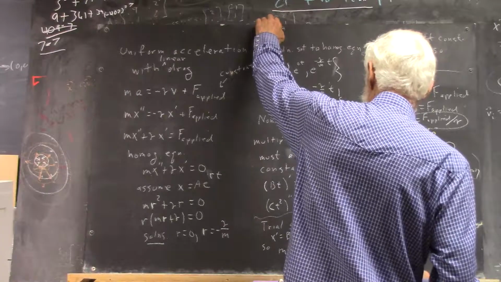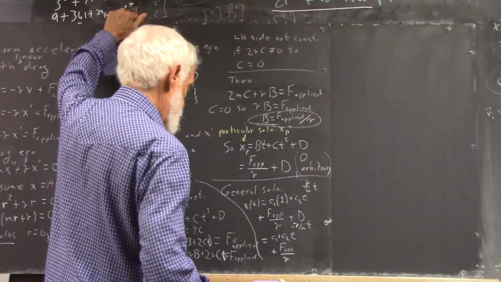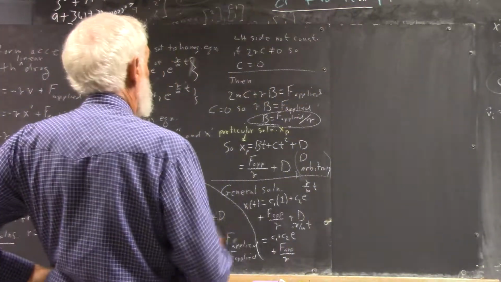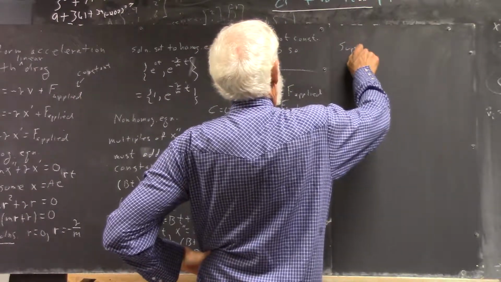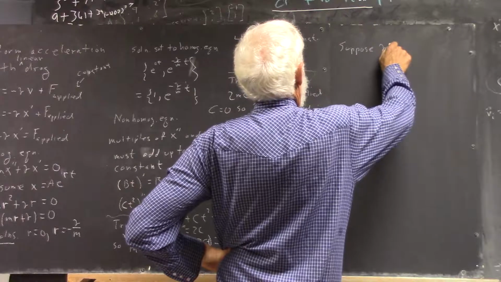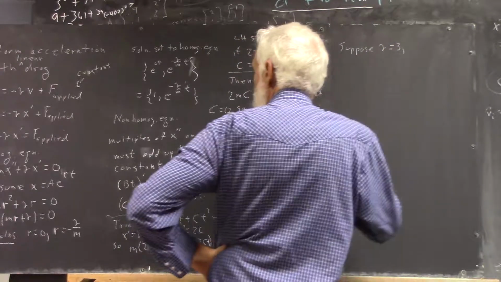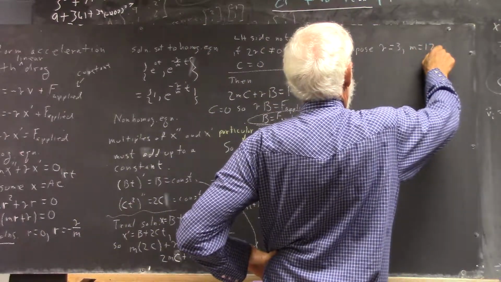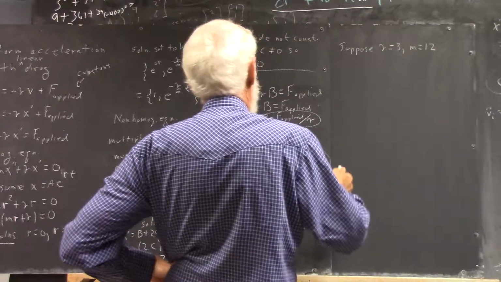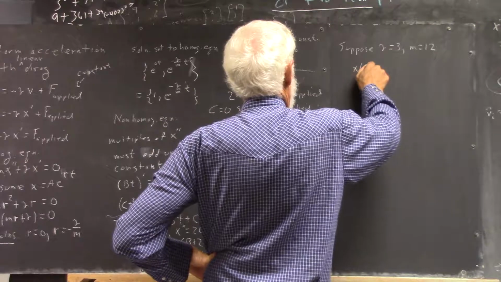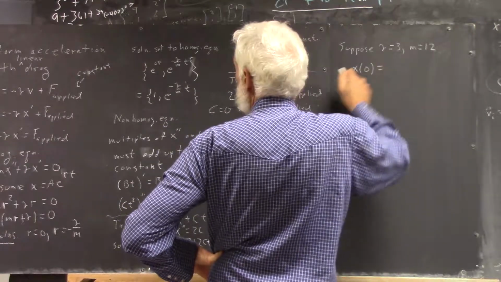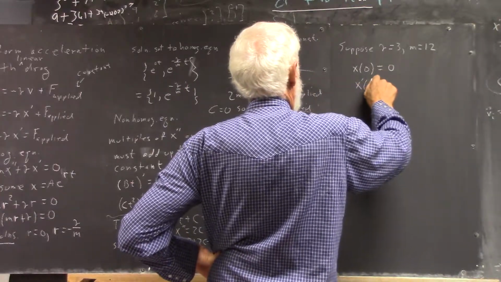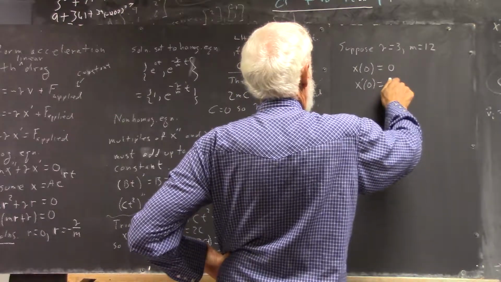Now what do we do with this? Okay? Let's suppose gamma equals 3, m equals 12, and x of 0 equals 0, but x prime of 0 equals 4.